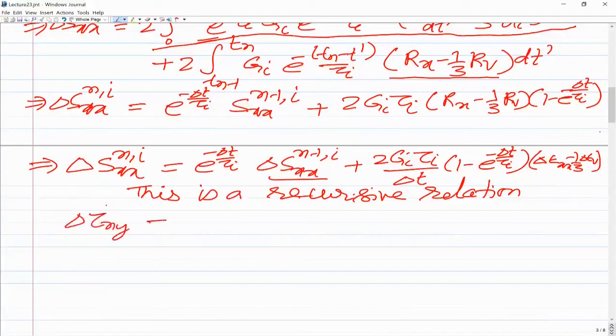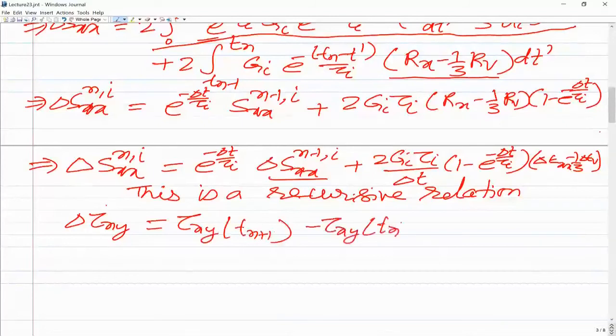So now if I look at the incremental shear stress from time step tn to tn plus 1, we will have this as tau xy at tn plus 1 minus tau xy at tn. Exactly the same thing what we did for sigma xx, I am trying to do for the tau xy.